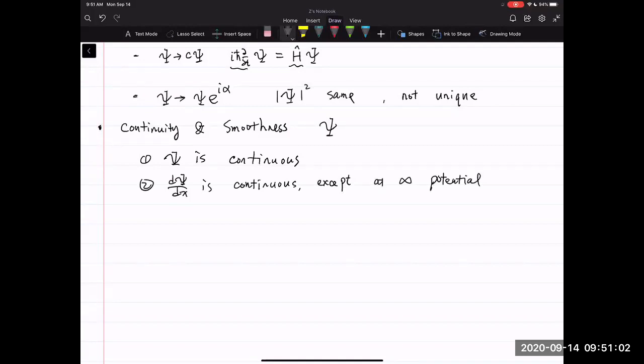First, let's say the wave function is not continuous. What's going to happen? If you take the derivative of the wave function, we get infinity. Take the derivative in space, minus i h bar del. Let me write it down.